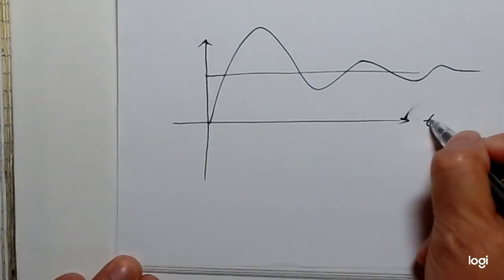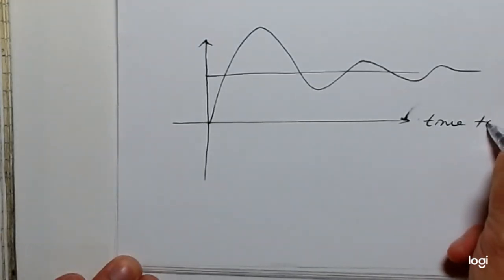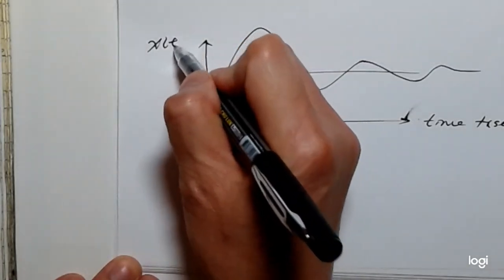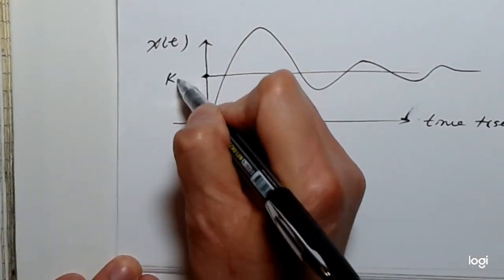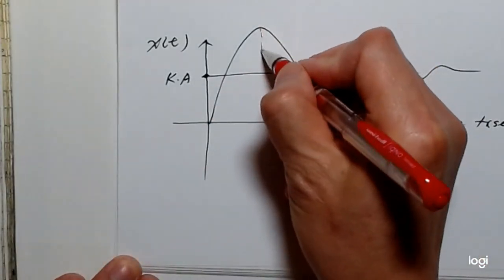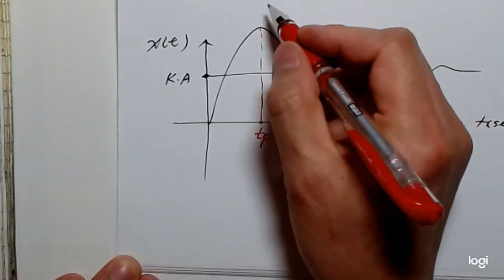This is time, t, in seconds, standard unit, x of t, steady state value, K times A. And we also want to find this value right here, the peak time.